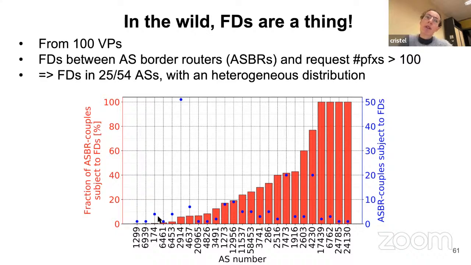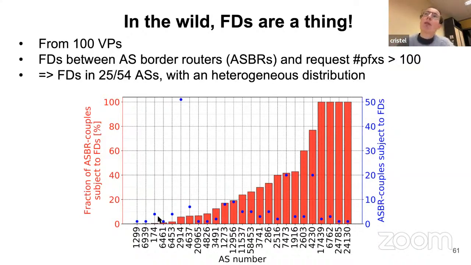And what you can observe in this figure is that, first of all, on the x-axis, you have the number of ASs. And on the y-axis, you have two scales. On the left y-axis, you have the fraction of couples that we measure for which we detect a detour. And on the right, you have the number of couples in the AS for which we observe the detour.